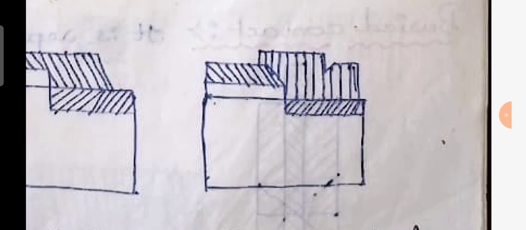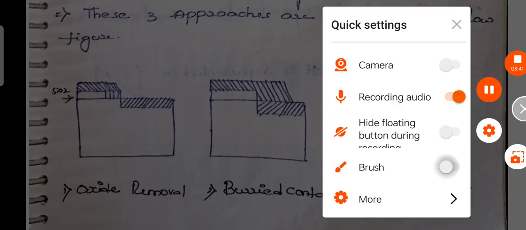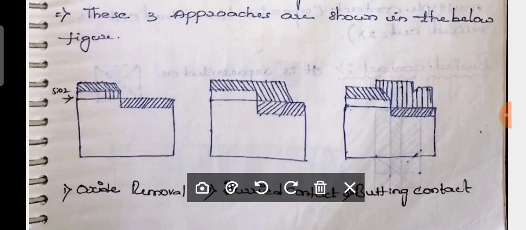Now will you please tell me, by observing these three figures, which is best for you? Absolutely. Why? Because you can observe very clearly here, in the buried contact you don't have any extra layer for giving a contact between poly and diffusion. In oxide removal you have to remove oxide, you have to use metal.